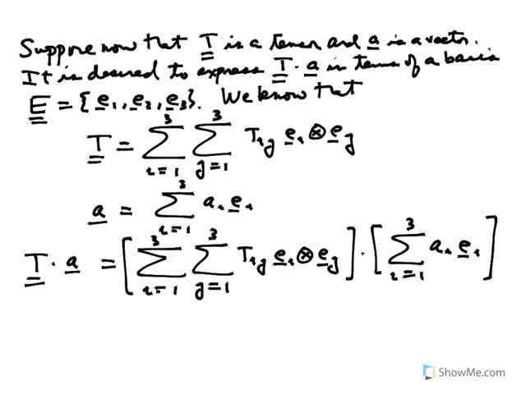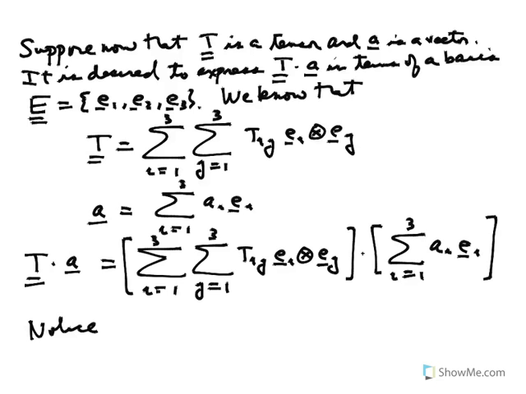Now, in order to be able to do this operation, when we write this whole thing out, you can view it in terms of the individual terms. And this is how we're going to do that.